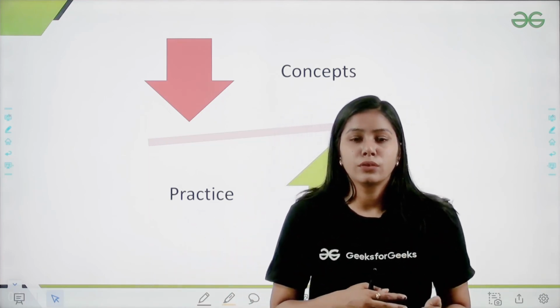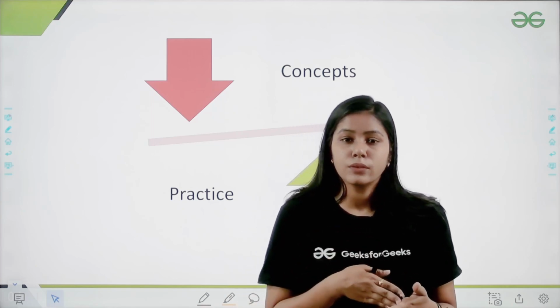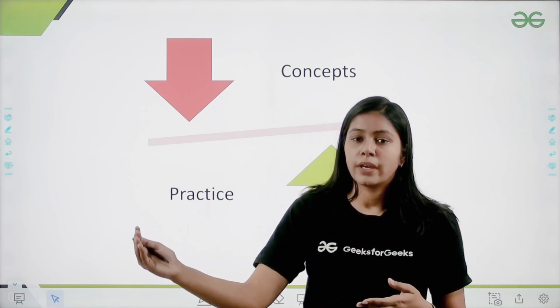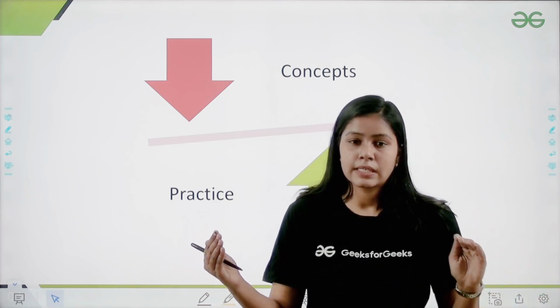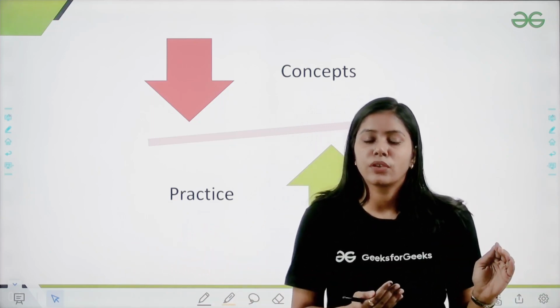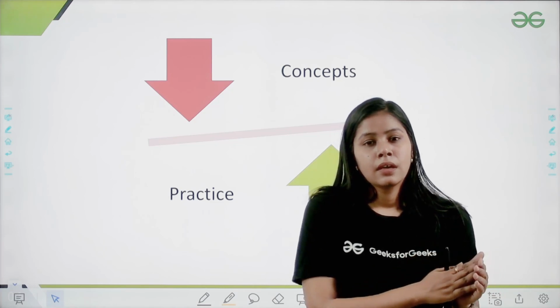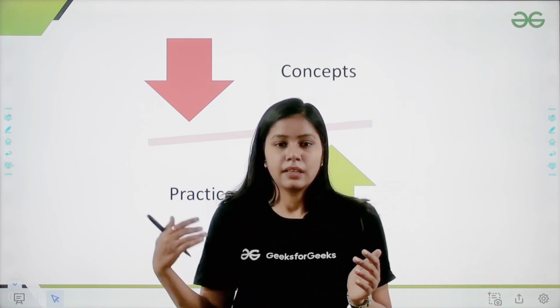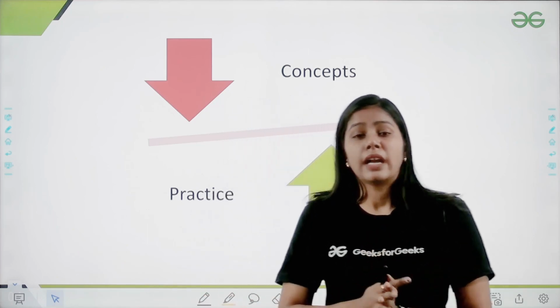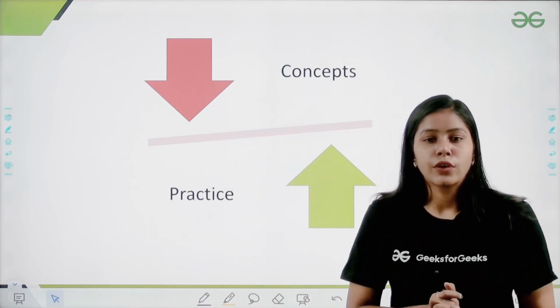To analyze it, you have to see in which subtopic you are having a problem. Go back to the subject, revise those topics, and again go on to the next test series. Okay, so that is the pattern you should follow for GATE computer science.